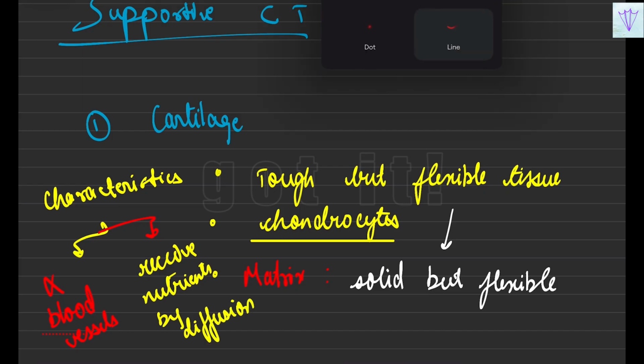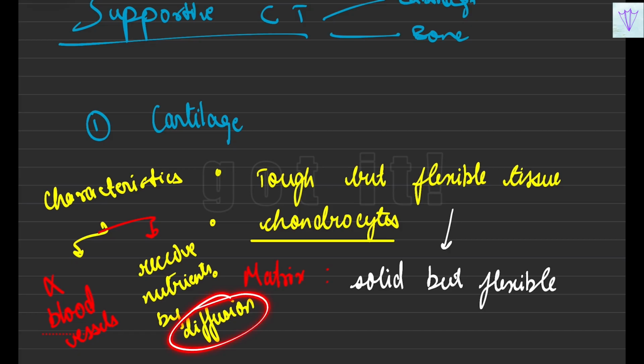So it will not have any blood vessels in it, and it will receive nutrients by the process of diffusion, where things go from higher concentration to lower concentrations. That is diffusion. So the way they receive nutrients is by diffusion, and there will be no blood vessels.